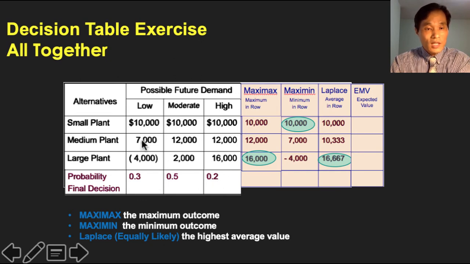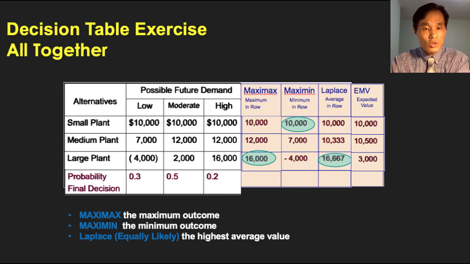And for the second option, medium plant, do the same, 0.3 times 7,000, 0.5 times 12,000, 0.2 times 12,000, then you will get EMV for medium plant, and the same for large plant. And what do you get here? 10,000, 10,500, and 3,000. And the best of them is $10,500. That will be your choice.